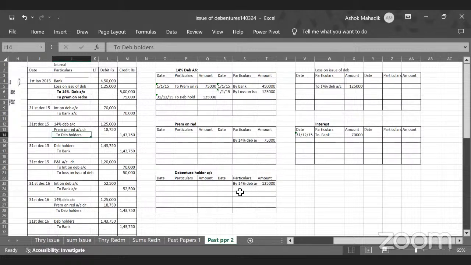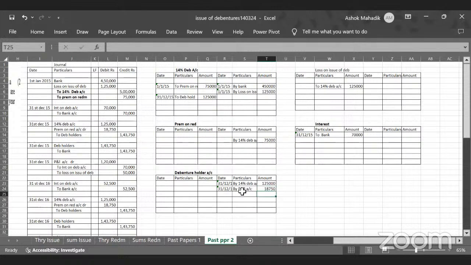Let me copy the date. By premium on redemption account. I'll just write the short form, premium on redemption account. That will be helpful. How much is the amount? 18,750.